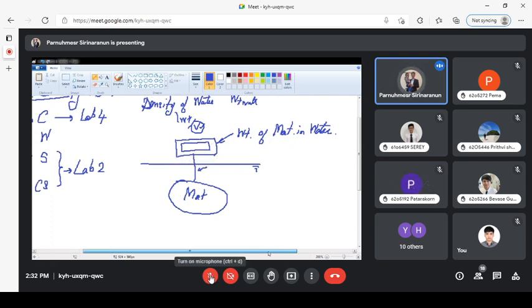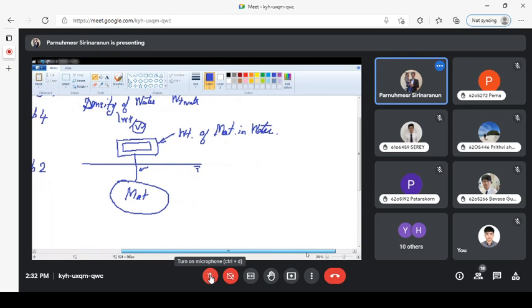I will ask: does everybody know how to draw the free body diagram of material in water or not? First, draw the body of material. Next, write down the reaction. What is the reaction on this material?